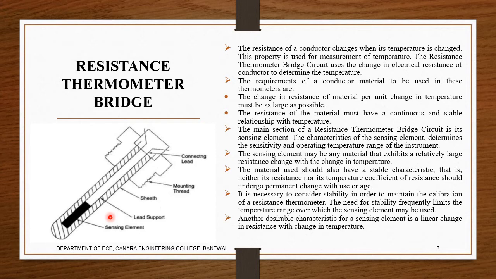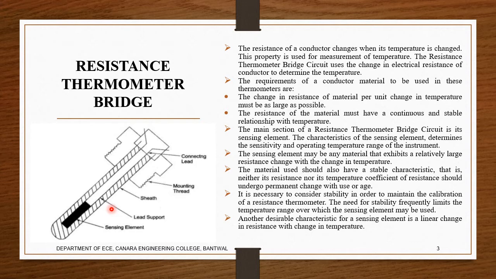And here the sensing element may be of any material, but as I said, it has to have a large resistance change with the change in temperature. And whatever material we use, it has to have a stable characteristic. Neither the resistance nor the temperature coefficient should undergo a permanent change.